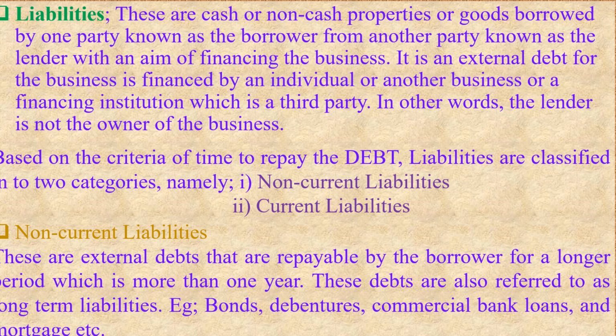It can be 2 years, 3 years, 5, 10 years, or even up to 20 years. It depends on the nature of a debt that one has borrowed. A good example of non-current liabilities are bonds, debentures, commercial bank loans, and mortgages.